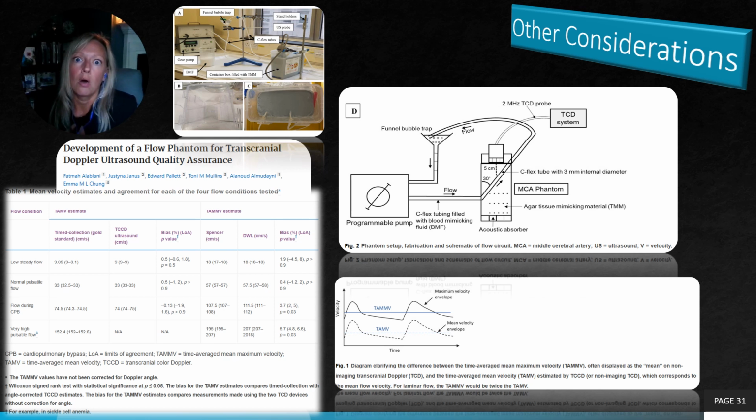So always ensure you are aware of how your ultrasound device analyzes the mean flow velocities, and do correlations with your exams to CTAs, angiograms, MRAs, and clinical findings. Be aware that there are possibilities of some differences between your devices.